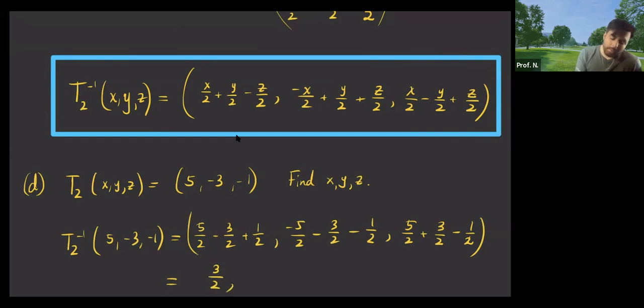This is negative 9 halves. And you get 7 halves. So our x is 3 halves, our y is negative 9 halves, and our z is 7 halves.